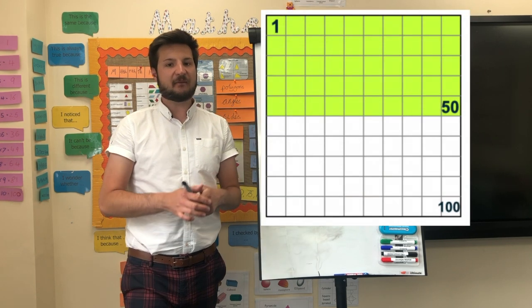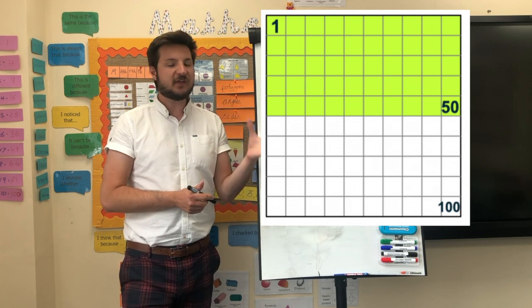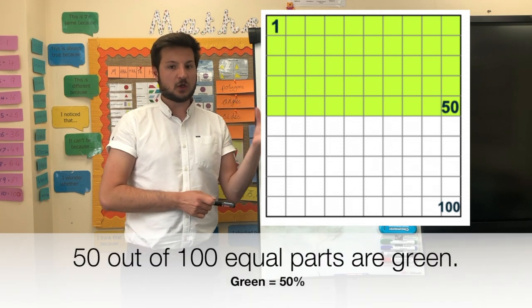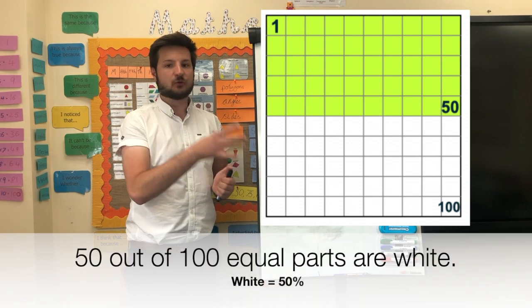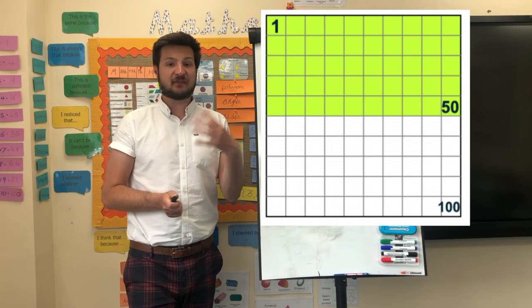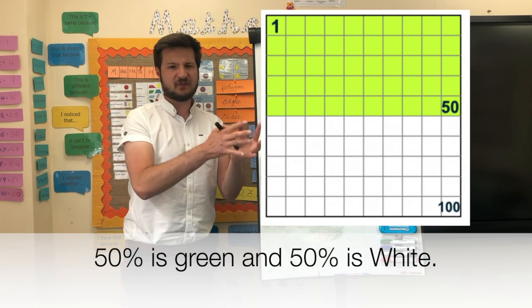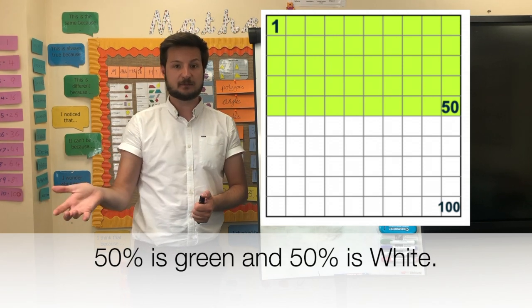You can see that it has still been split into 100 equal parts. 50 of those 100 equal parts are green, and the other 50 of those 100 equal parts are white. This tells us that 50%, 50 out of 100, is green and 50% is white.